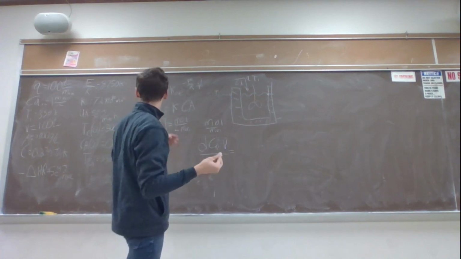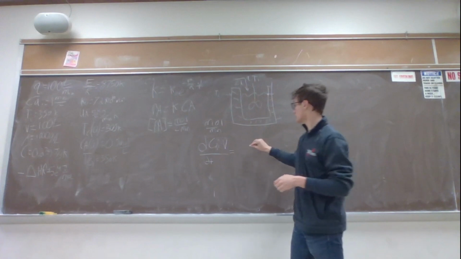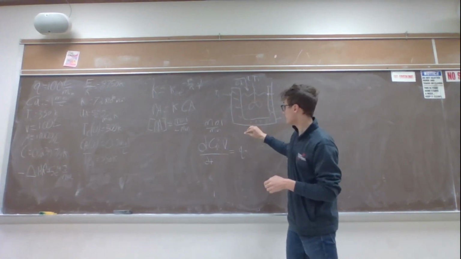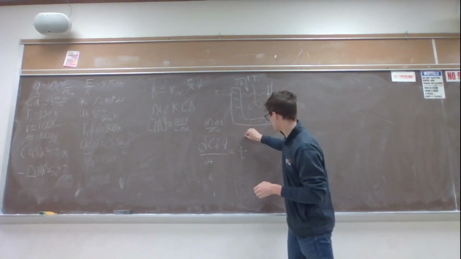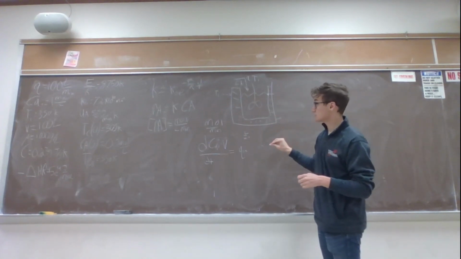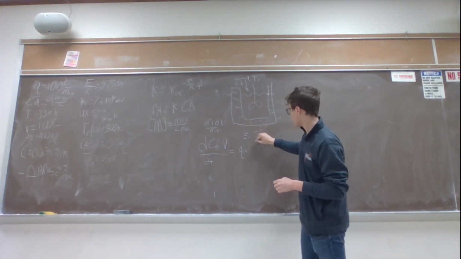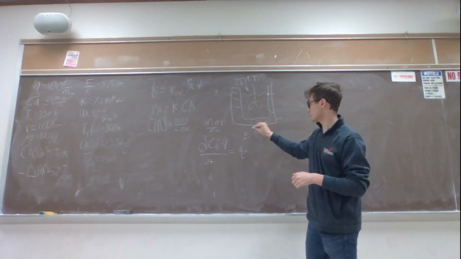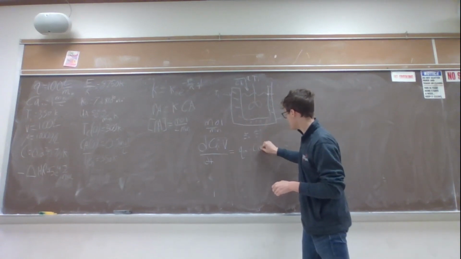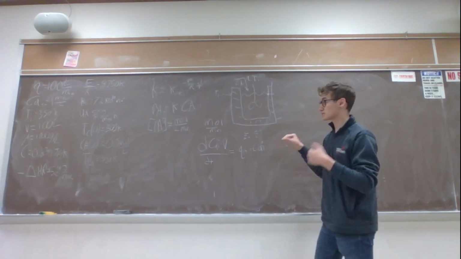We have Qin, which is 100 liters per minute, and we have CAI, which is in moles per liter. That would cancel out and give us moles per minute, which is what we want. So we're going to do Qin times CAI. And that's what's coming in.